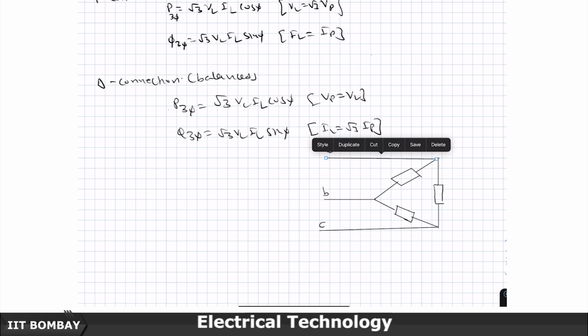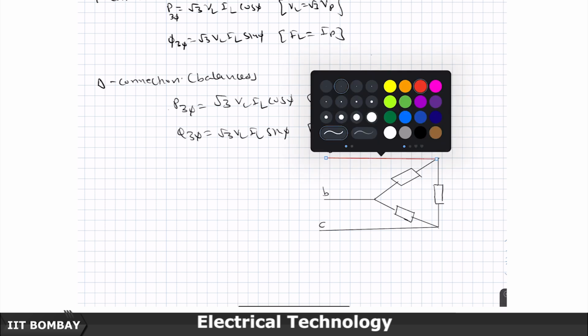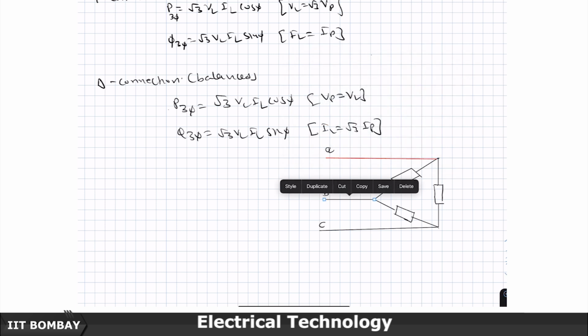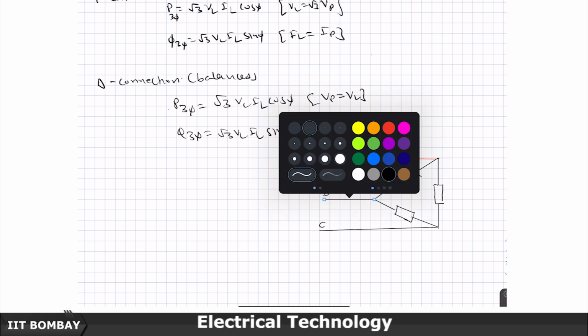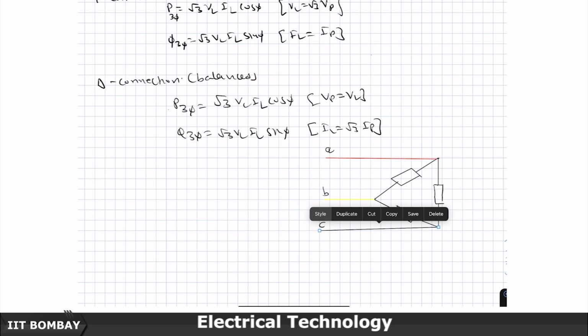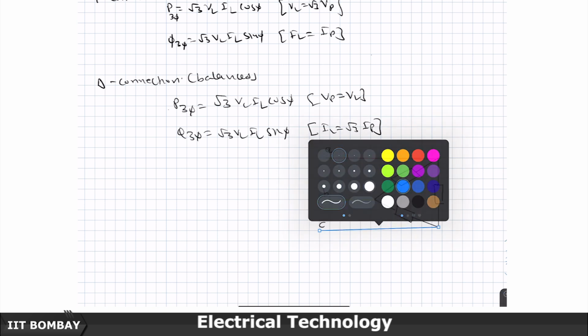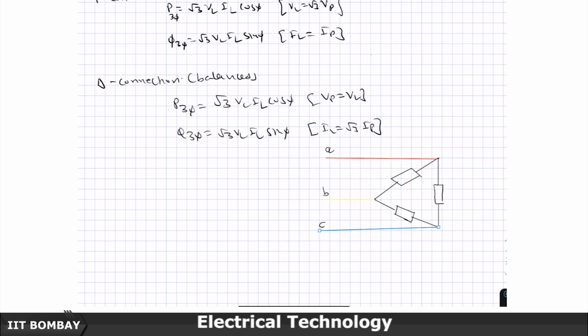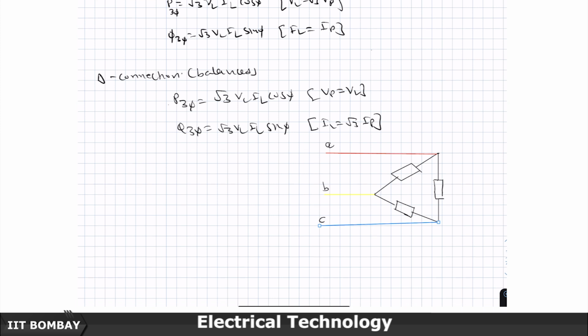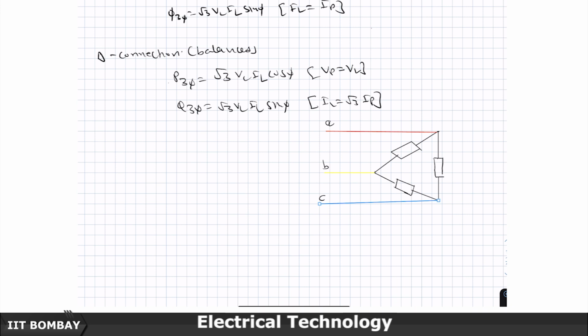C, or if we want we can make it R, make it Y, and B. So, we have this three phase load, a three phase supply, and the supply is balanced.